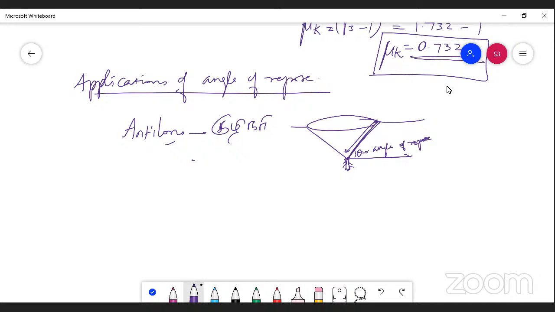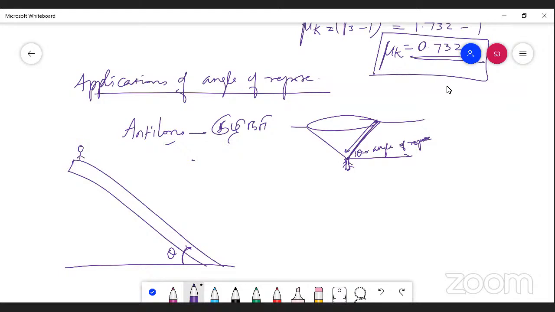Then you might have seen the sliding boards in parks where children slide down, right? The angle of inclination of the sliding board is made equal to the angle of repose, so that any child who is made to sit on the surface of the sliding board will begin to slide down towards the bottom.